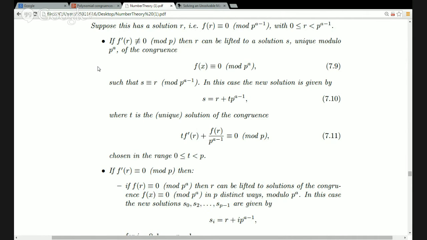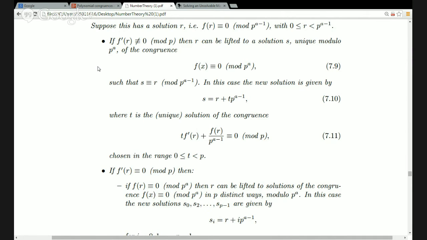Moreover, the result tells us how to find that. It gives us a formula for S in terms of R, in terms of p, and in terms of t. So t is some new thing that's introduced, and t is the unique solution of this linear congruence. Okay, there's lots of bits to it, but you just recognize it as a linear congruence modulo a prime.